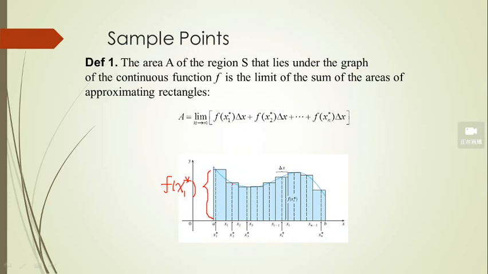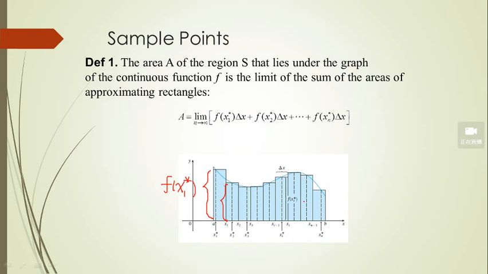And for the second strip, we form the second rectangle. It almost looks like x2 star is the middle point, in the middle of x1 and x2. So the height for the second rectangle is f(x2 star), then times delta x, that forms the area for the second rectangle.